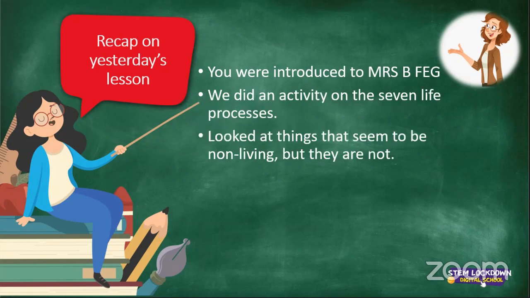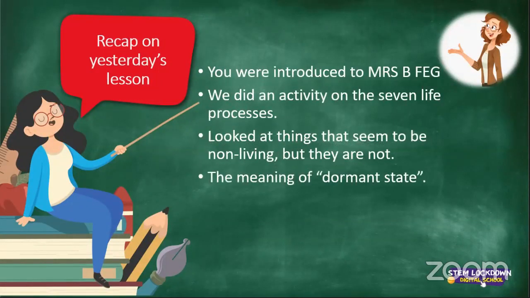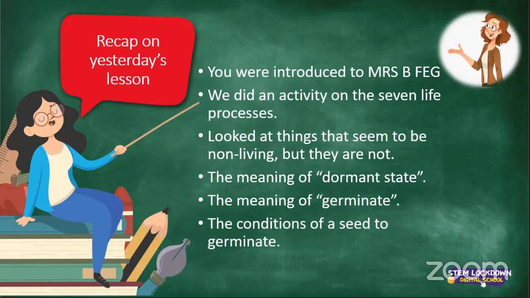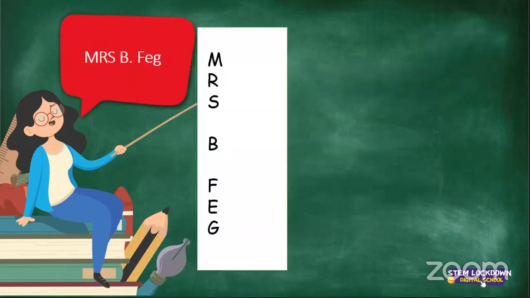We looked at things that seem to be non-living, but they are not. They are actually living. We looked at the meaning of dormant state. You guys still remember, right? That means kind of in a sleeping state. We looked at the meaning of germinate. And we looked at the conditions for a seed to germinate.